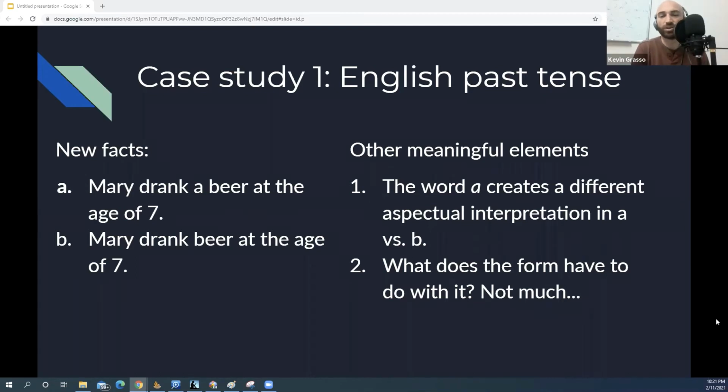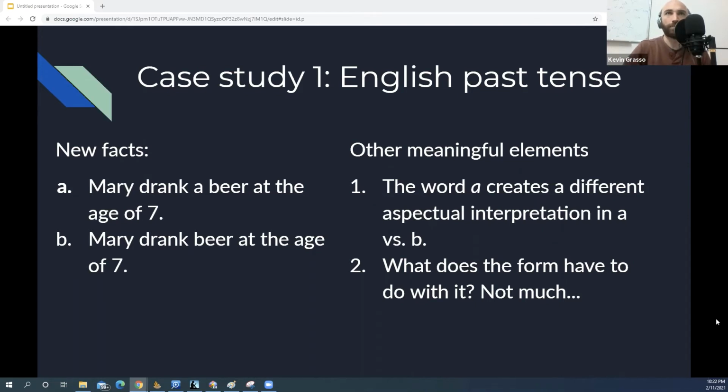I mean, we would assume that it does, but it's not as important to say whether this is imperfective or not. It's more important to think through how we actually understand this verb form, right? That's what's important here. And what we mean is that Mary had some sort of habit of drinking beer at the age of 7, right?